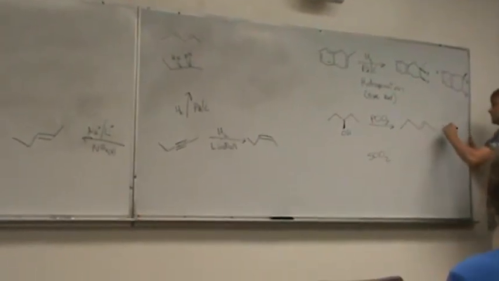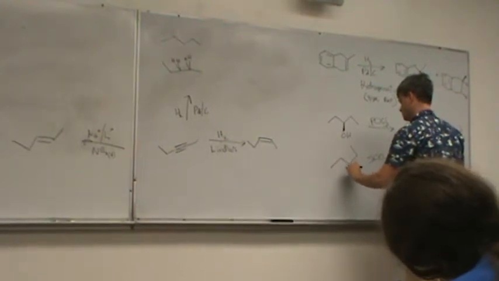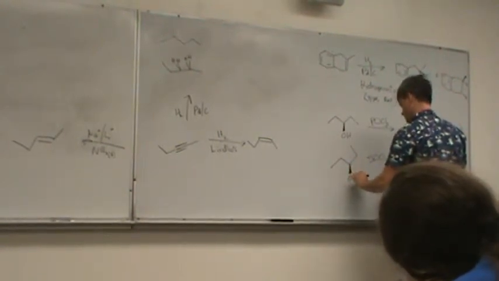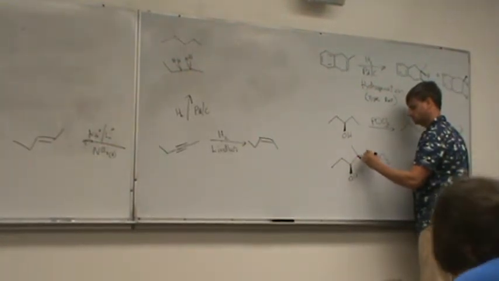Okay. And this again is one of these ones where we could get either orientation. Because this could spin around, you could have this starting material, and then lock it in that. And this would be the preferred.